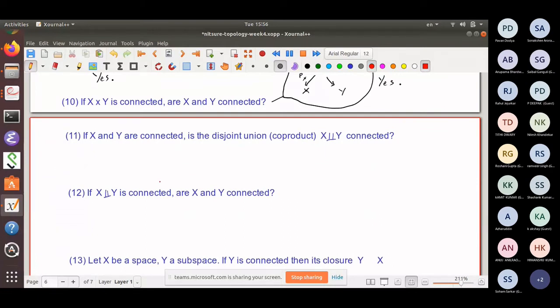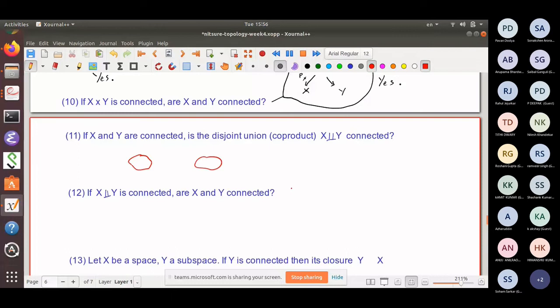Now, here, if X and Y are connected, is the disjoint union connected? So obviously not. The disjoint union is already a disconnection. A disconnection of that will be X and Y if these are non-empty.